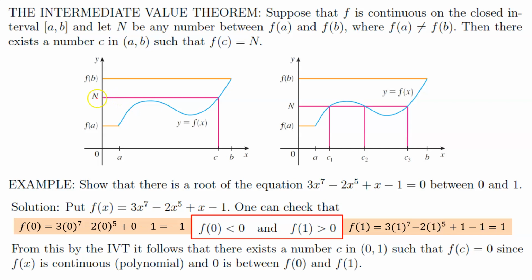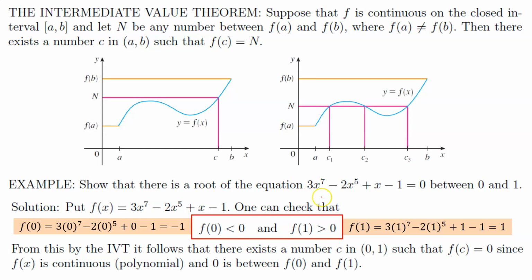Okay, you have another one which is f(c). Bila you substitute, tadi you ada a, f(a) and f(b), and then all of a sudden bila you substitute c, you get n. This one lah, dia ada satu lagi tengah-tengah. Same with this one, dia ada satu lagi. But that one when you substitute c ke dalam function itu. So now let's see the example. Show that there is a root of the equation.